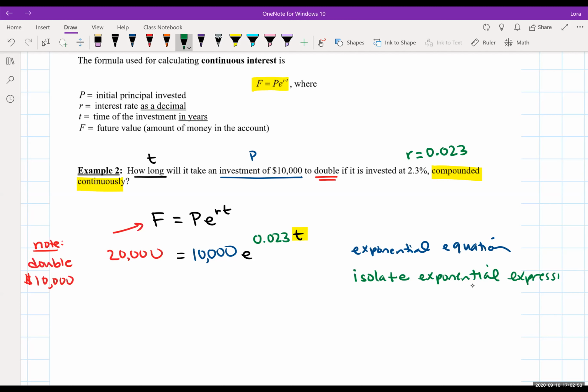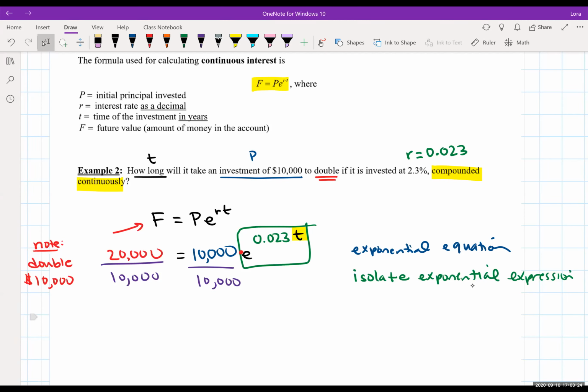The exponential expression in our case is e to the 0.023t. If you want to isolate that, you think about what's hanging out right next to it, which is 10,000 times. So if you're going to undo multiplication, we're going to divide both sides by 10,000. We have to do this first before we approach it with any of the techniques we've learned from our previous sections.